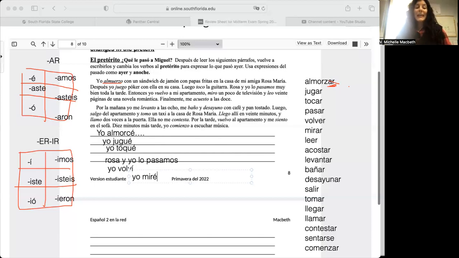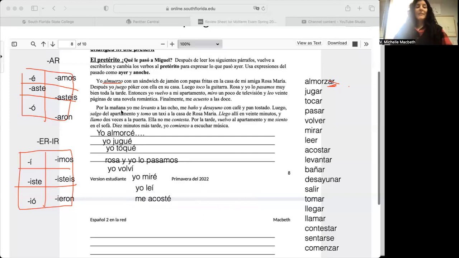And then we have leo, right? Which is leer. So that's an ER. So again, we need our ER ending, right? So yo leí. No? And finally, now we have acostar, which ends in an AR. So we're going to have the last one here, right? Which is me acosté. No?